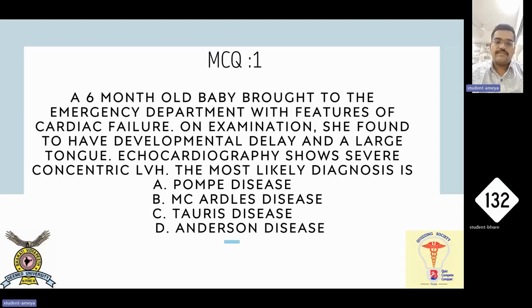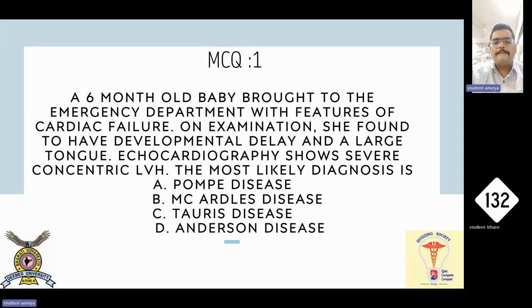Let us read the keywords of the question. There are only 2 keywords in this question. Number 1, 6-month-old baby, signifying that it is from a pediatric population. Number 2, concentric left ventricular hypertrophy, signifying that it is a cardiac symptom, so heart.